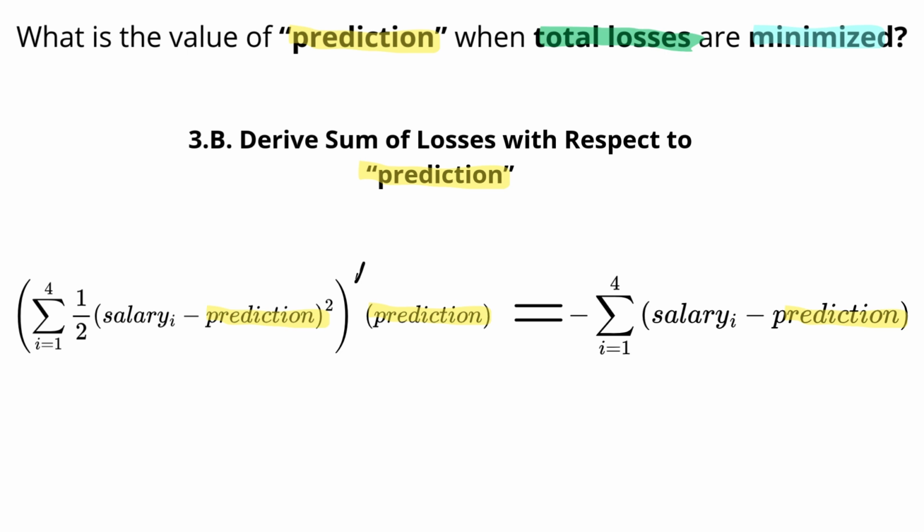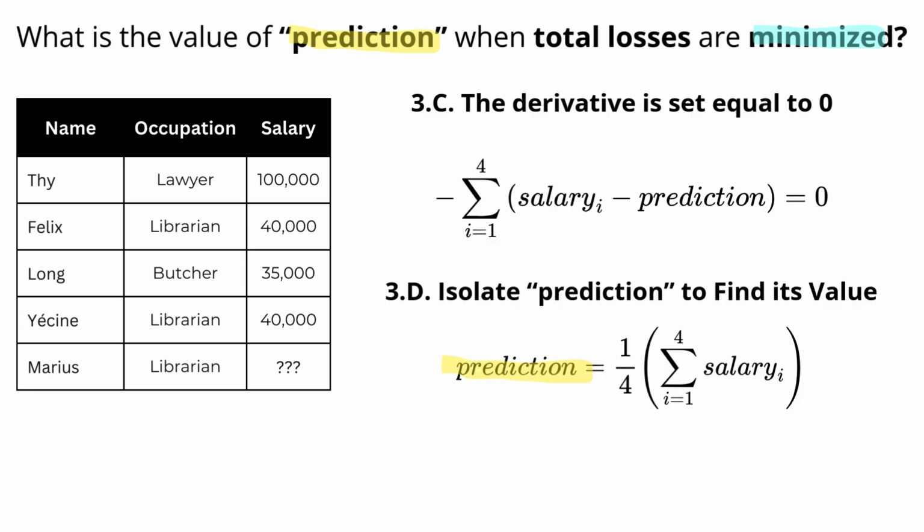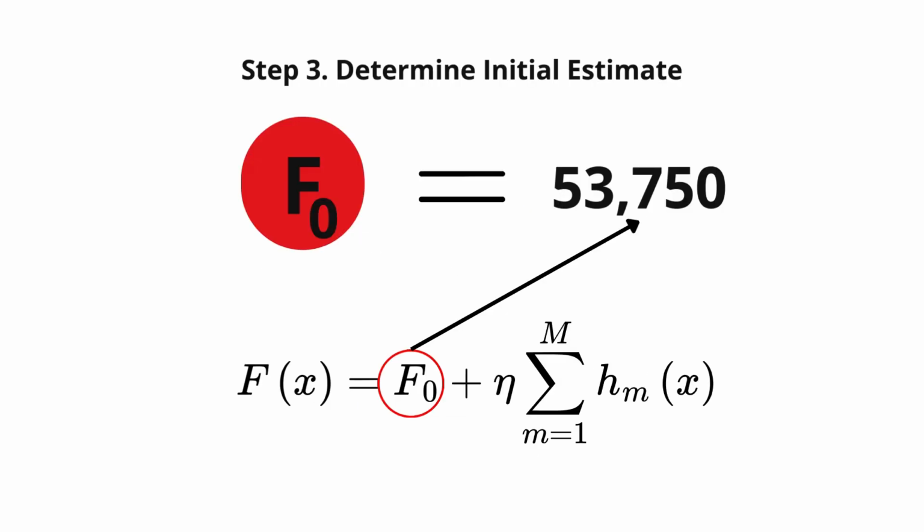We get minus the sum of salaries minus prediction. This derivative is set equal to 0. Then, we resolve the equation by isolating prediction on one side of the equality. After isolating prediction and using the values in our dataset, we get prediction equals 53,750. So our initial estimate f sub 0 is equal to 53,750.